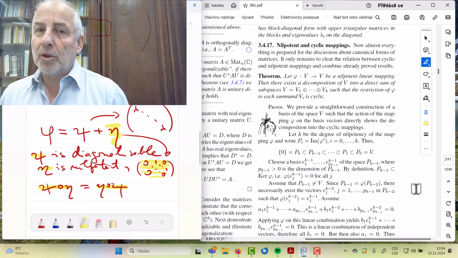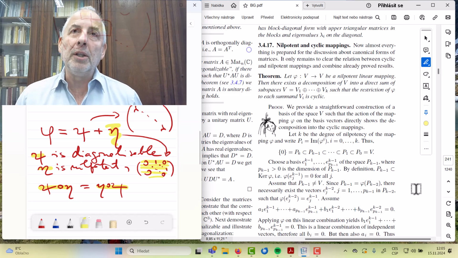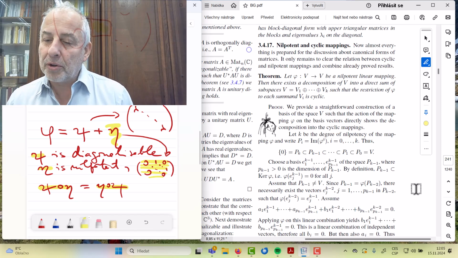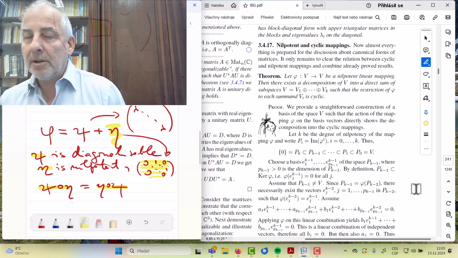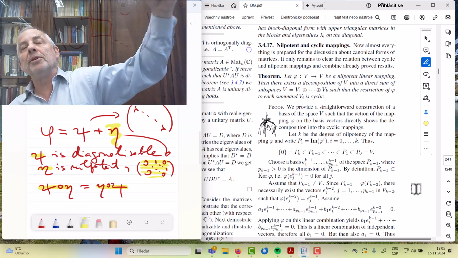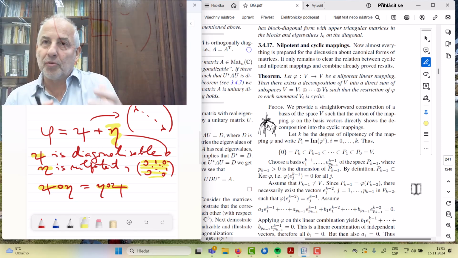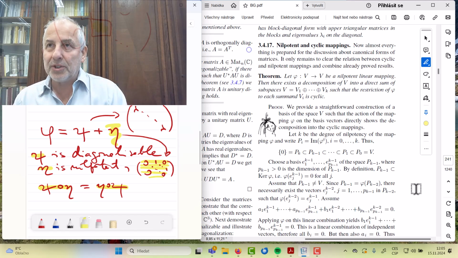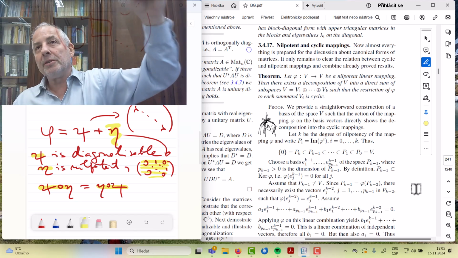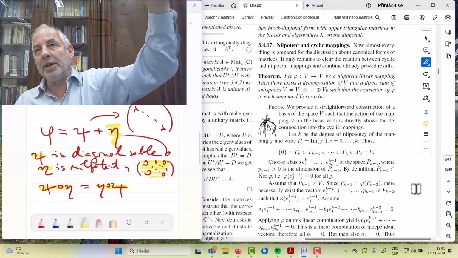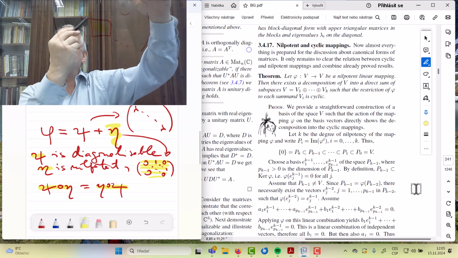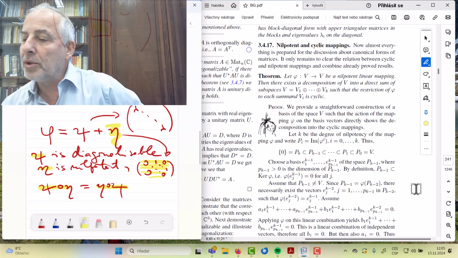What's still missing is the fact that for the nilpotent eta with the same eigenvalue, we restrict to one root space, we subtract the eigenvalue times identity, and what we are left with is a nilpotent mapping, right?